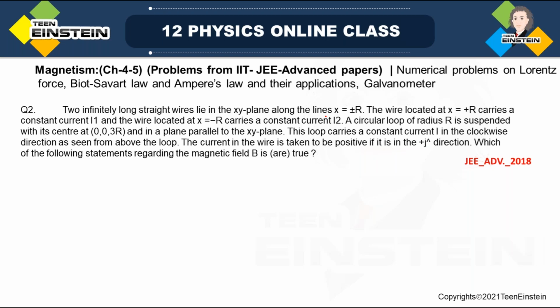The magnetic field produced due to the wires will be as follows. If the current is negative, that means it is in the negative y direction, and this is the positive y direction. If it is in the positive y direction, then the magnetic field will be in the positive k direction due to wire 1, and the magnetic field due to wire 2 will again be in the same direction.